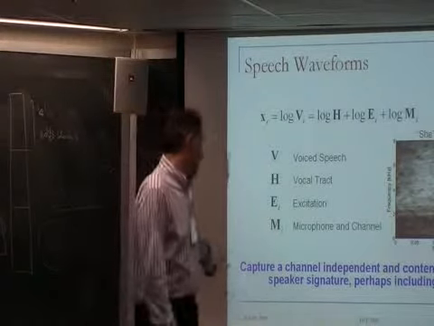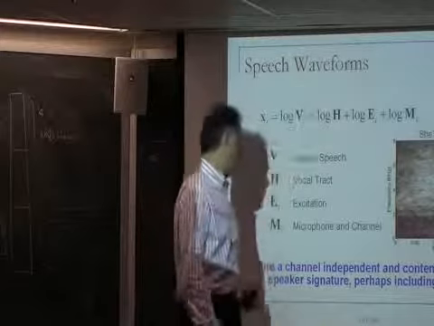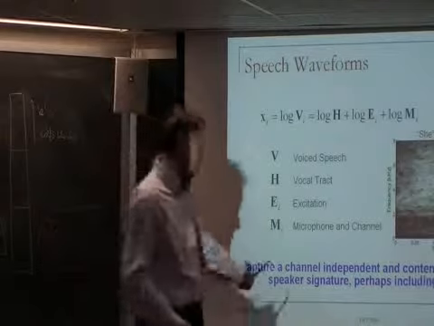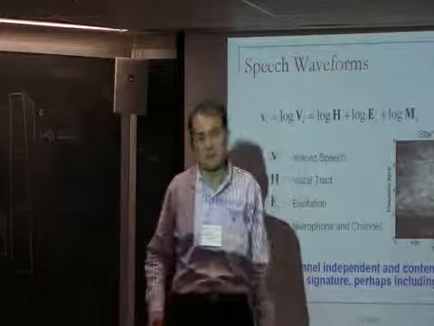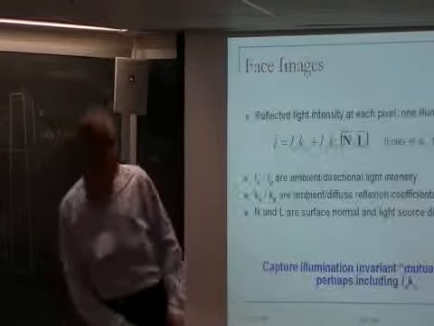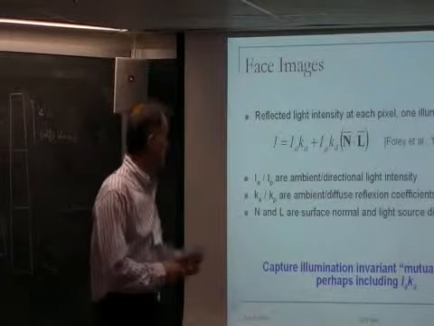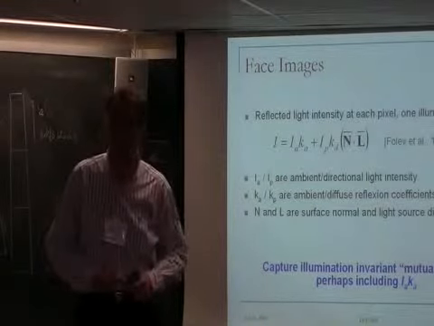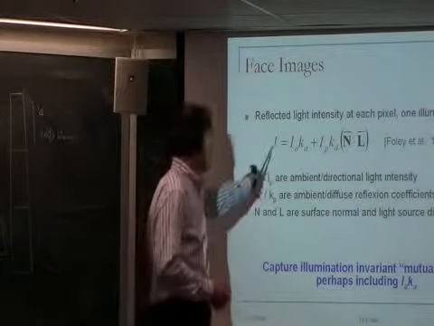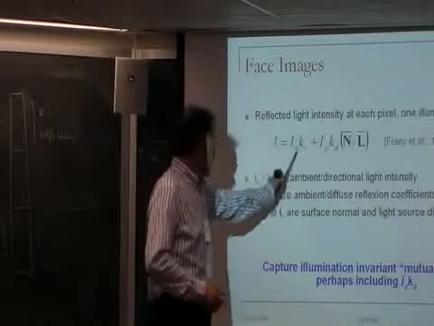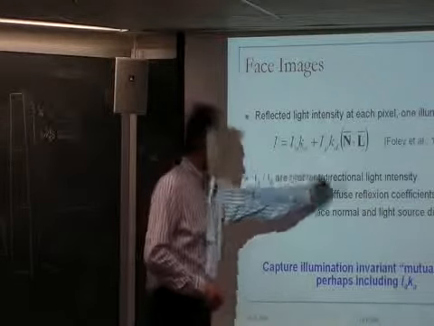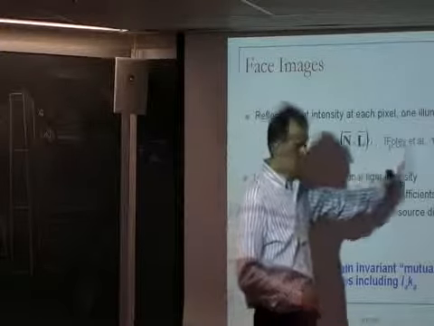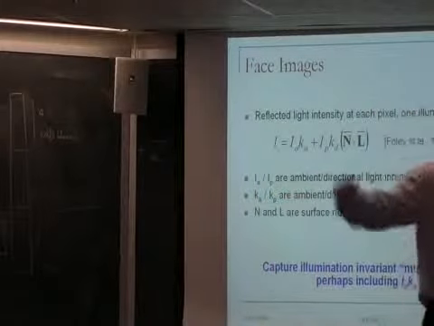Could I capture some independent element there, and eventually that would include this log of h. For images, faces, we know the illumination model of Foley and Van Dam. That's very well known. Each pixel illumination is given by the ambient part and the directional part. That's additive superposition. If I have multiple light sources, I would continue to add.